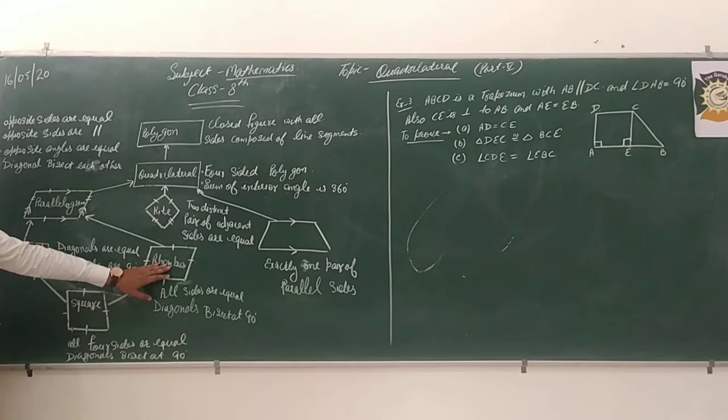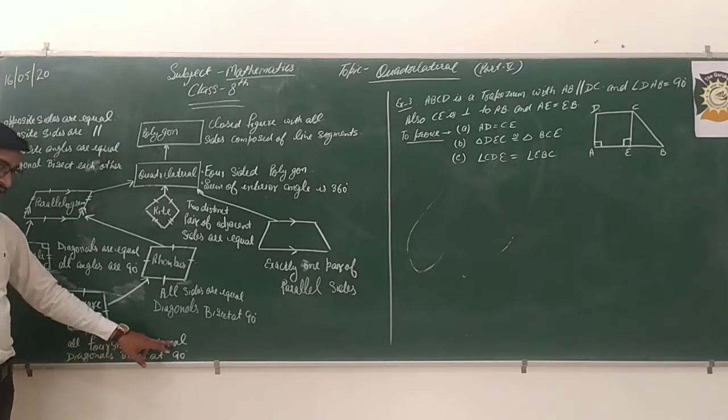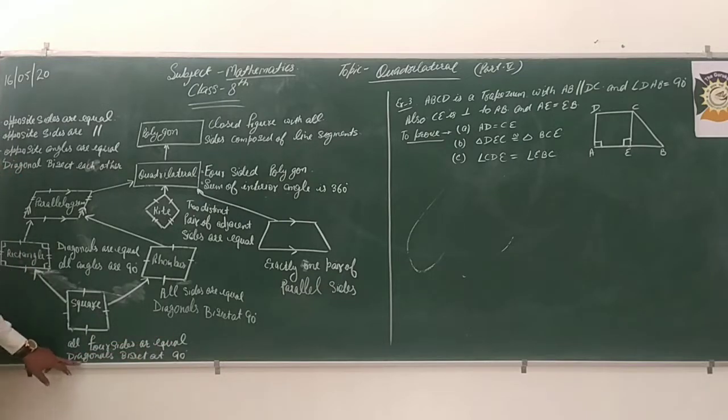Diagonals bisect each other at 90, so the diagonals bisect each other at 90 in rhombus. Each angle is of 90 degree in square, so it shows the property of the rectangle. But along with this, all four sides are equal and diagonals bisect at 90 degree. So these are all the properties of the square.